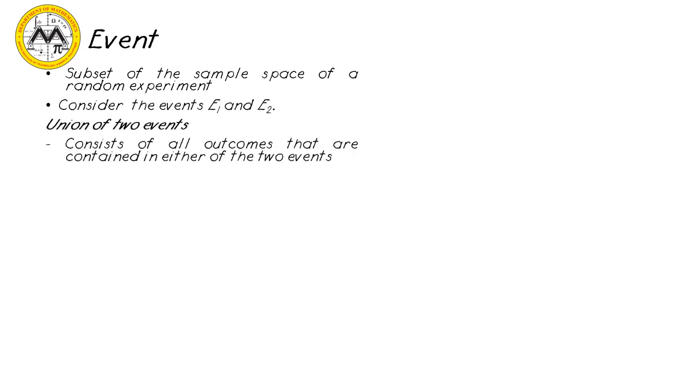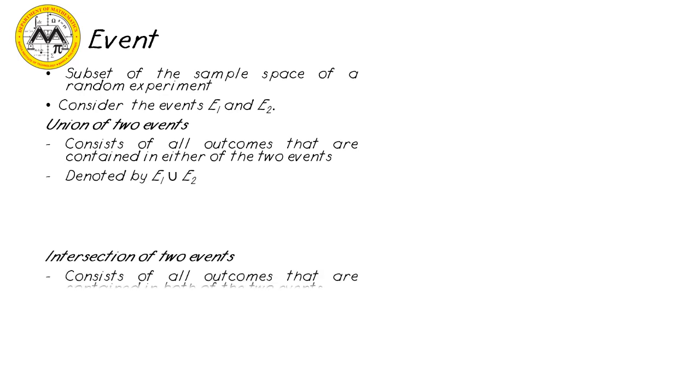An event is a simple experiment that has two or more possible outcomes. An event is the subset of the sample space of a random experiment. Consider the events E1 and E2.